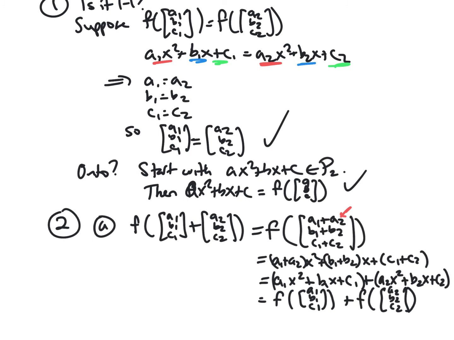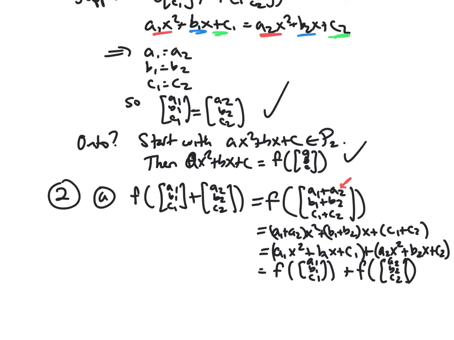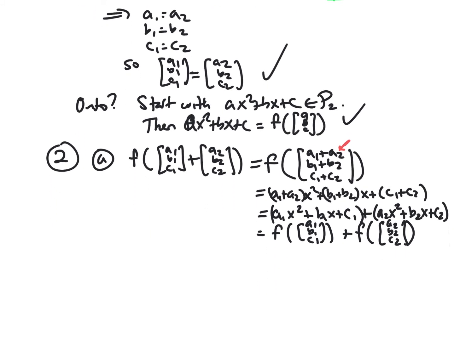We can then split it up just using distribution and reordering, because addition order doesn't matter. And we see that it equals the sum of the images, okay? And so this shows that it preserves the property of being additive.